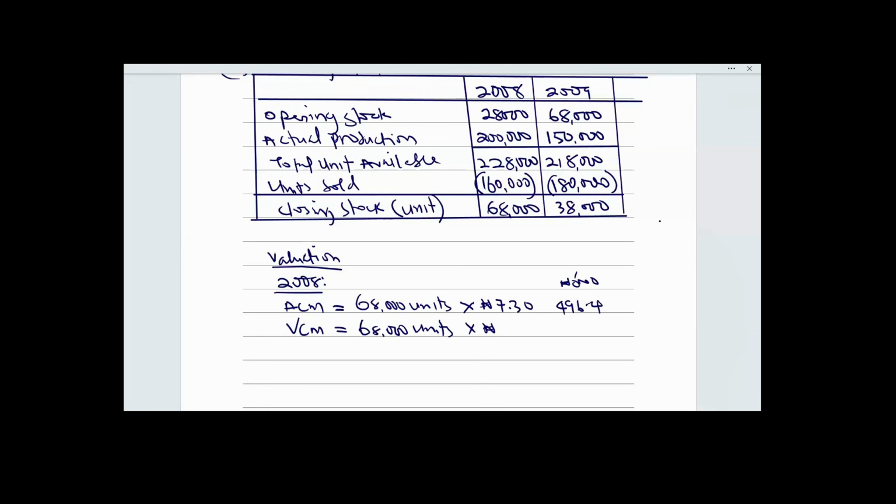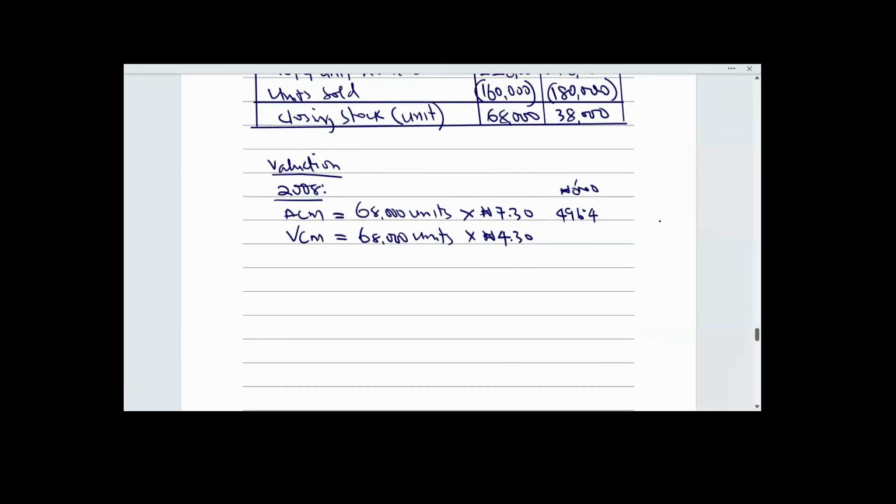Then using the variable costing method, the total variable cost per unit is 4 naira 30 kobo, multiplied by 68,000. What do you get? 292.4. So let's do for 2009, once and for all.